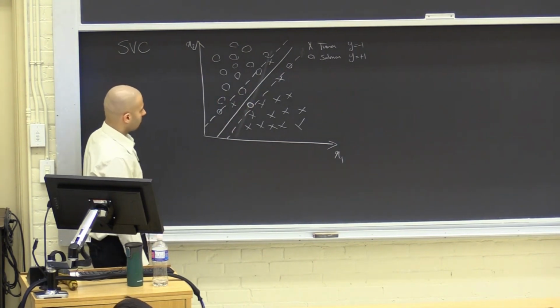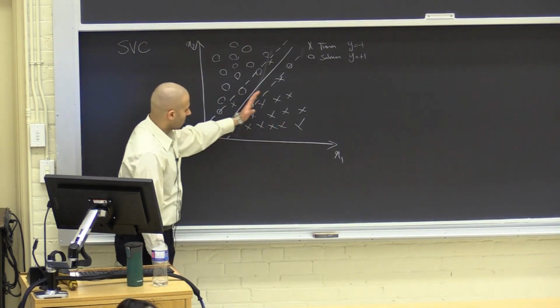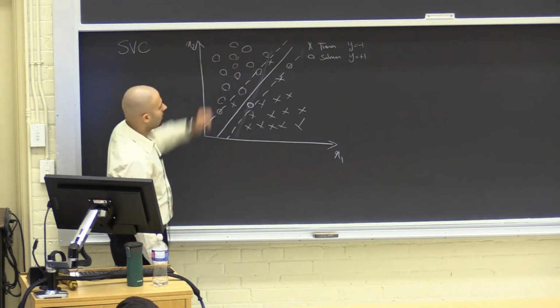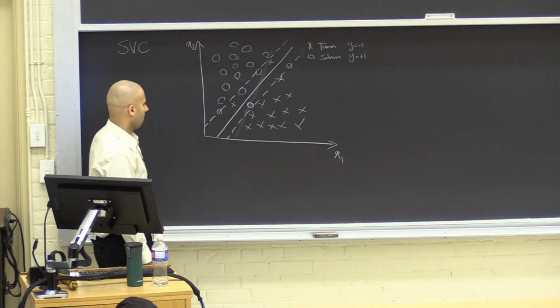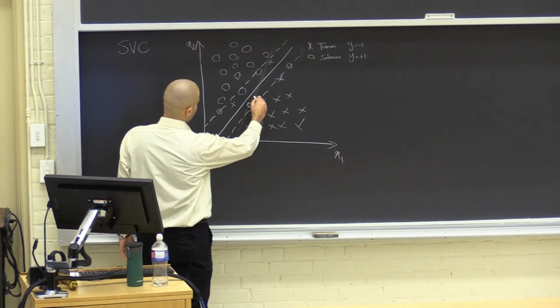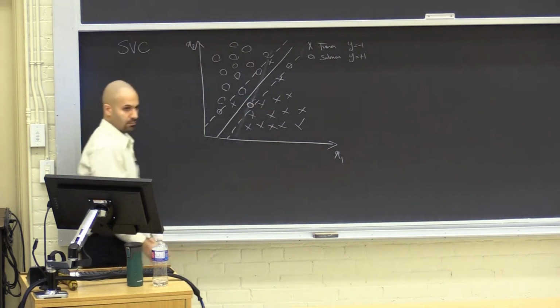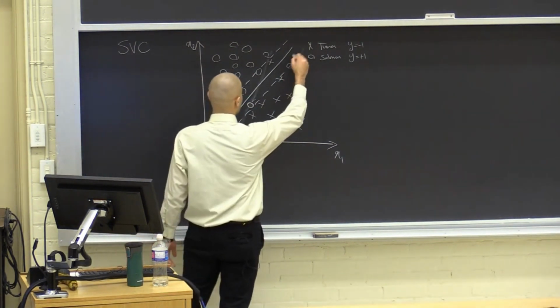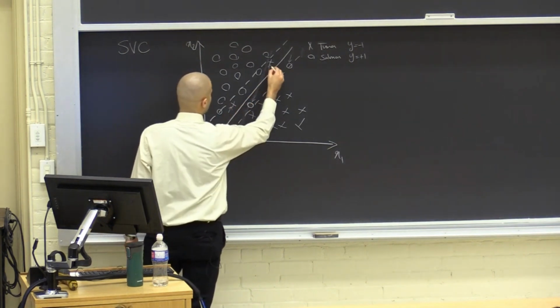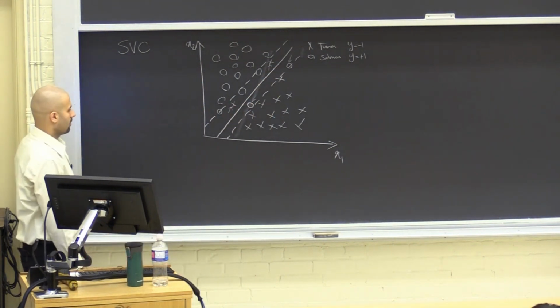For this soft margin, it's essentially classifying this part of the training data set correctly and this part of the training data set correctly, but there are some points that are on the wrong side. For example, this one is on the wrong side. This one is also on the wrong side, and these 2 points are also on the wrong side.